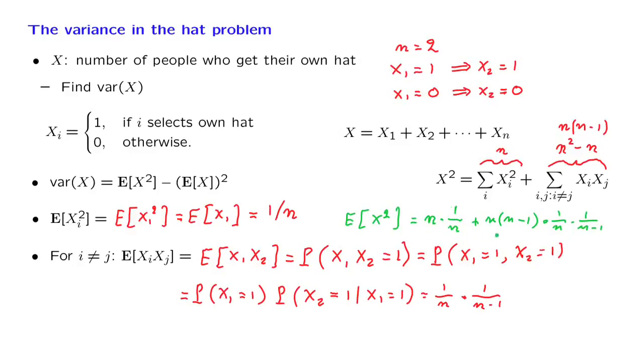And we see that we get cancellations here, and we obtain 1 plus 1, which is equal to 2. On the other hand, we have this term that we need to subtract. We found previously that the expected value of X is equal to 1, so we need to subtract 1. And the final answer to our problem is that the variance of X is also equal to 1.